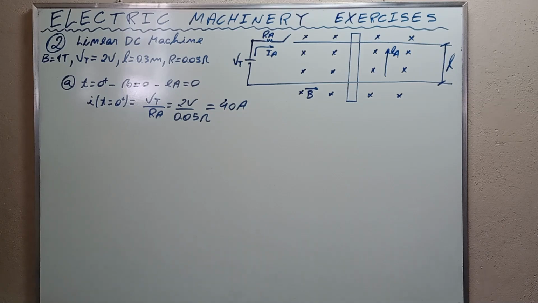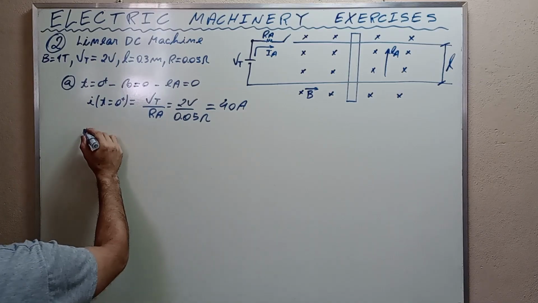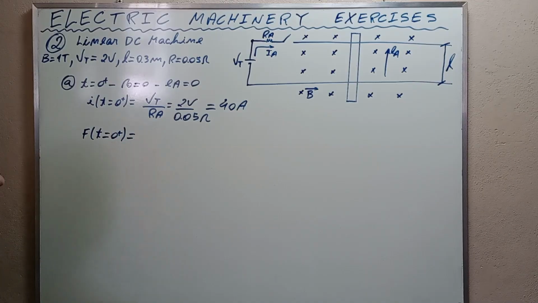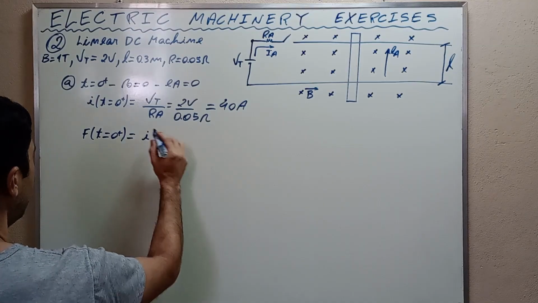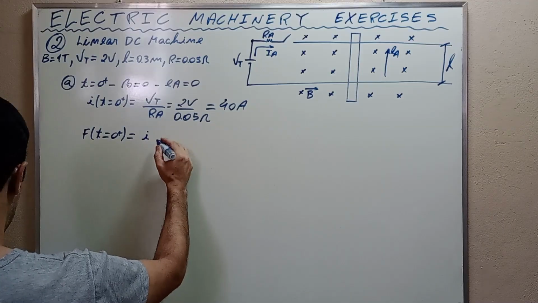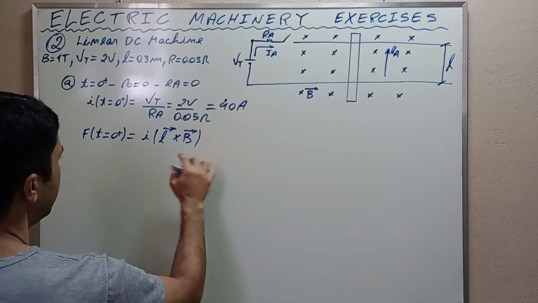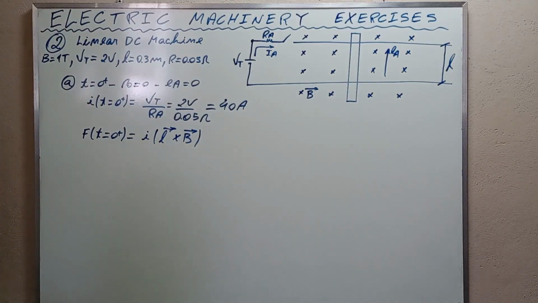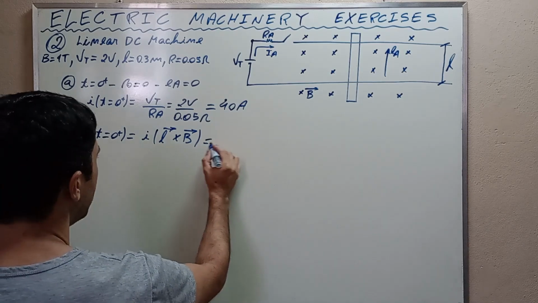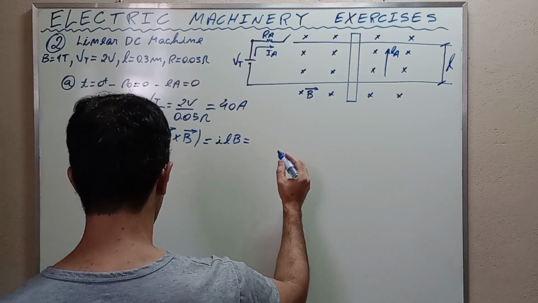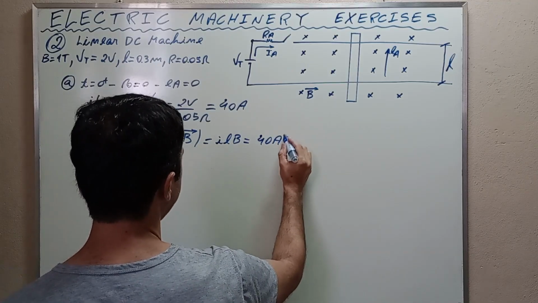The resulting initial force on the bar, the force on the bar at t equal to 0 plus immediately after the switch is closed, is equal to I times L vector B. Okay, this is one of the laws of induction, which is equal to ILB, which is equal to 40 amps.